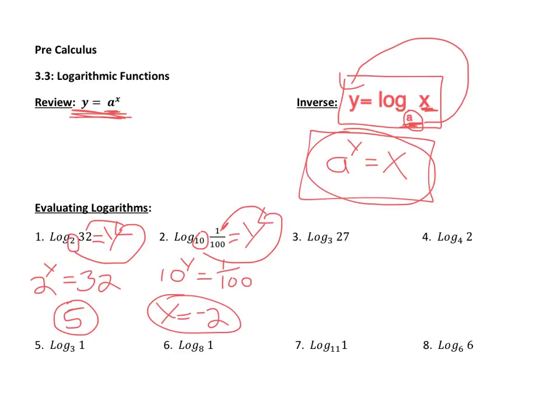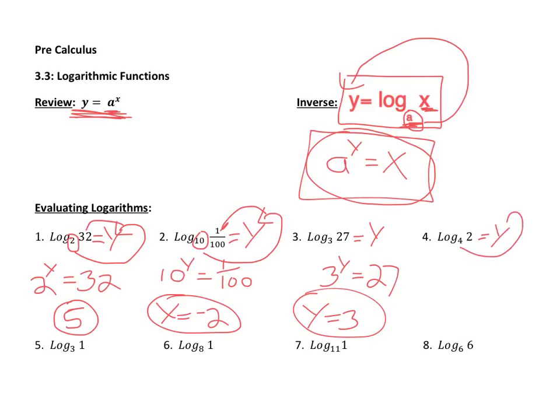Okay, if I did number 3, I set this equal to y, so this is like saying 3 to the y equals 27. I'm giving you all easy ones right now. So 3 to the 3rd equals 27, because 3 times 3 times 3 is 27, so that's the answer. Okay, if I did number 4, 4 to the y equals the argument here of 2.